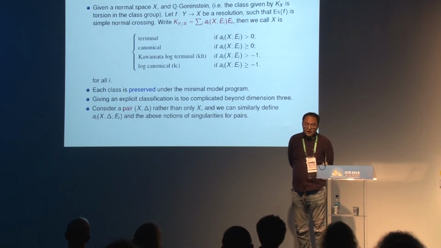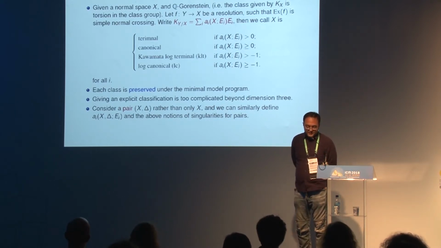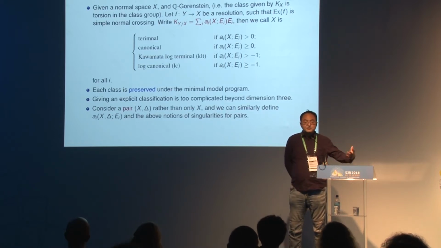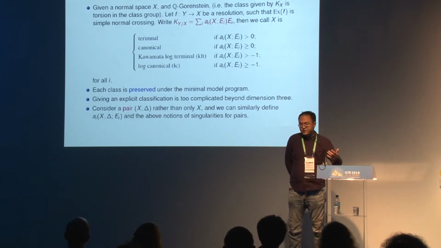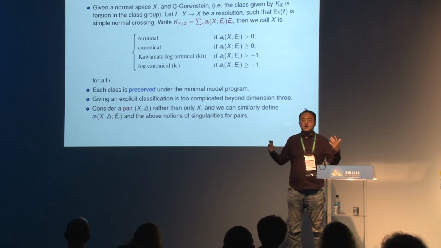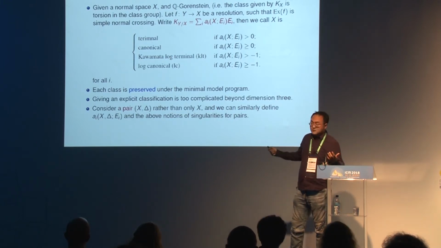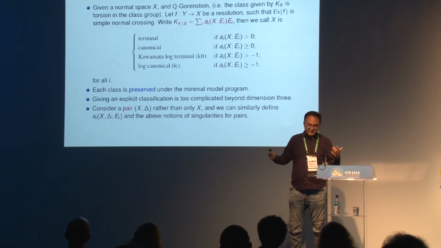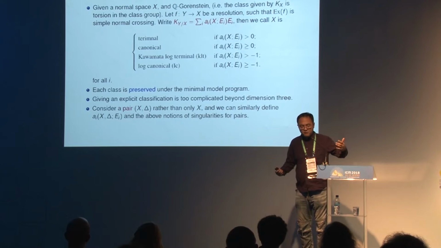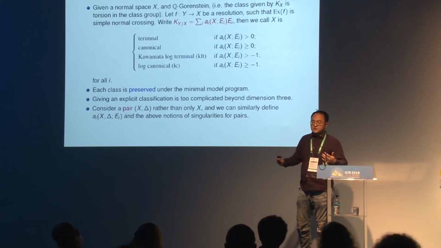And of course, the important thing is that each class of singularity is preserved under the minimal model program. So if I start with a smooth variety, usually smoothness is not preserved under this minimal model program. But since a smooth variety is terminal, and I know terminal singularity is preserved under this minimal model program, particularly I can conclude that if I run the minimal model program starting with a smooth variety, in each step I get a terminal variety.